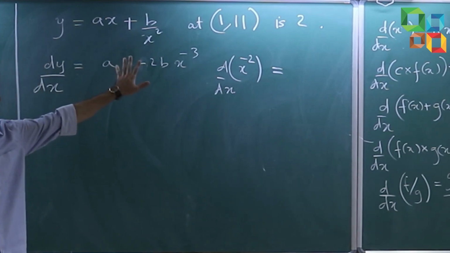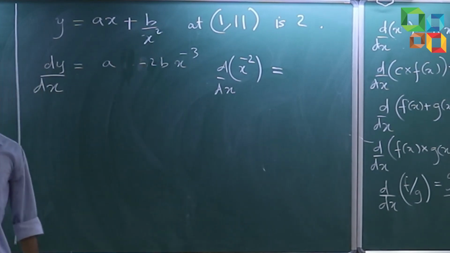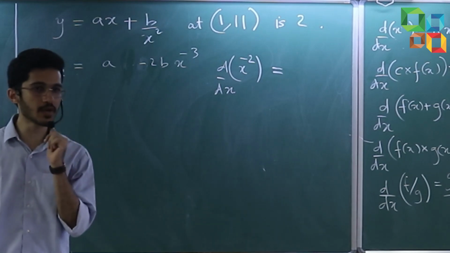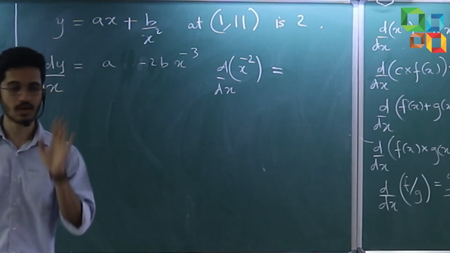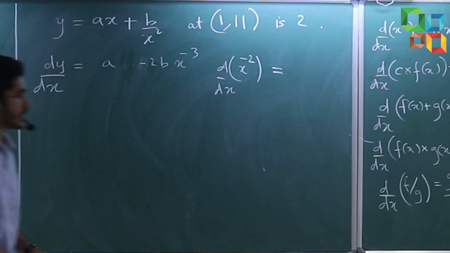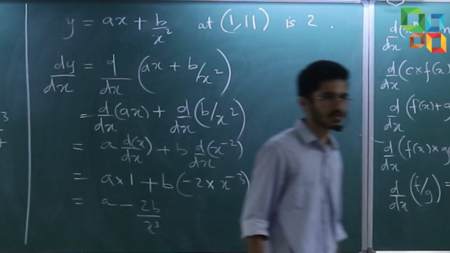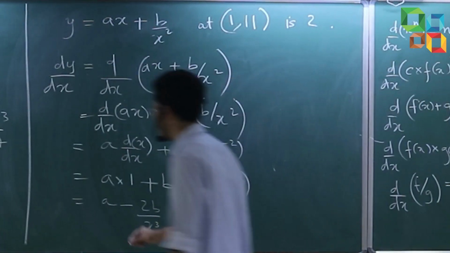So that part we did. Now our job is to find a and b. A and b are two variables. How many equations do we need? 2. Okay. So what are the equations we can get? That is the derivative, dy by dx.